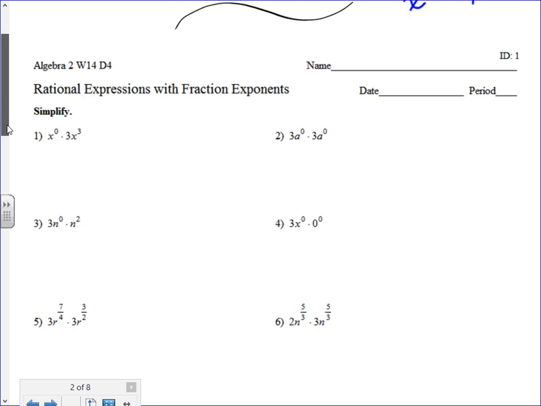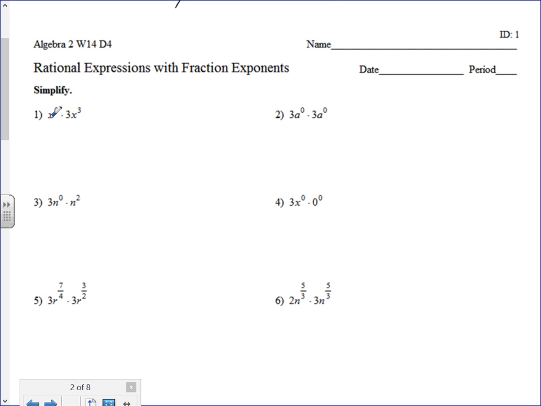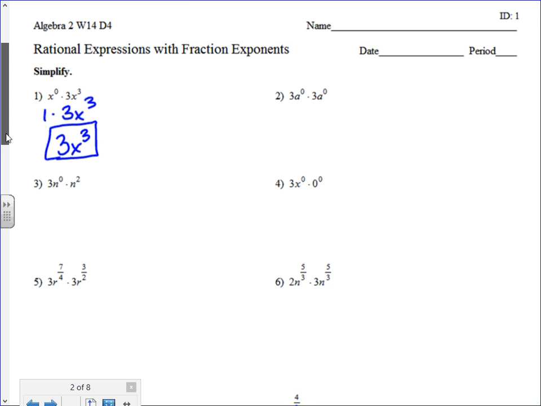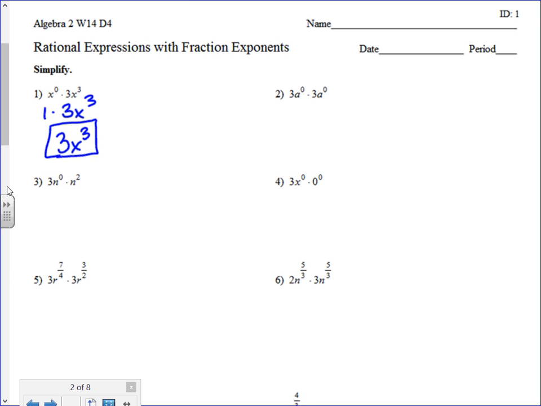So when you look at number 1 right here, x to the 0 power is 1 times 3x cubed. That equals 3x cubed. You got to be careful though, because 0 is a's exponent. 0 is not 3's exponent.